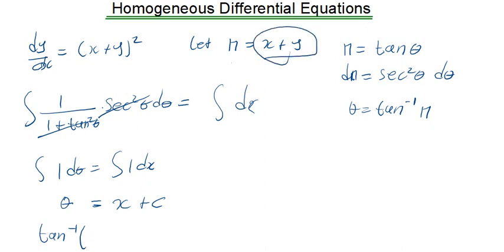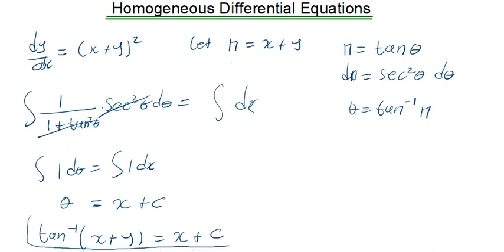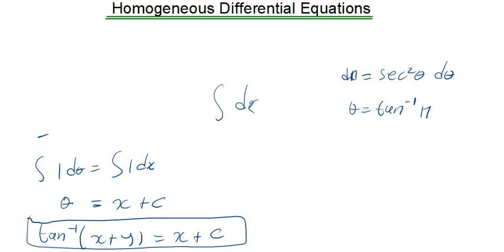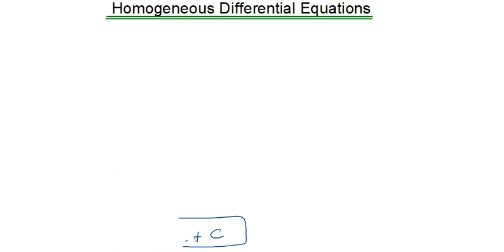My n is x plus y. So we have tan inverse of (x plus y) equals x plus c, which is the general solution, and I'll leave it like that. Once again, we can do all sorts of substitutions that we like. The only thing we have to remember is that we are not supposed to change the meaning of what we are talking about.